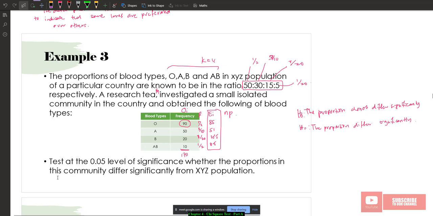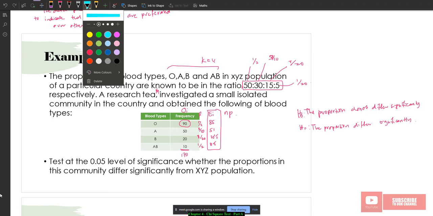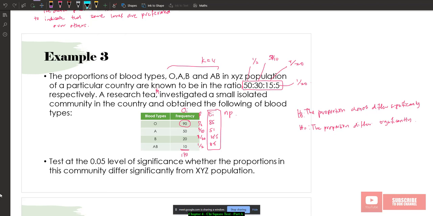Based on the statement, test at the 0.05 level of significance whether the proportions differ significantly or not. Our alternative hypothesis is that they differ; our null hypothesis is that the proportions do not differ significantly.